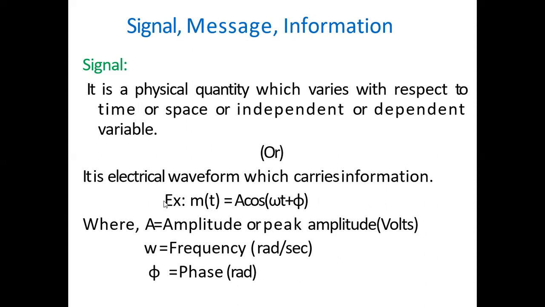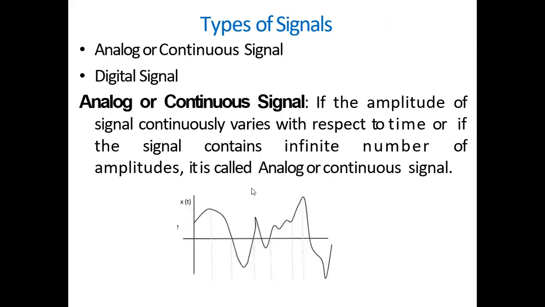Here it is a simple electrical waveform, a cosine signal, where A is the amplitude of the signal, omega stands for frequency, that is radians per second, and phi is the phase. This is the simple definition of a signal, and this is the representation of a signal.